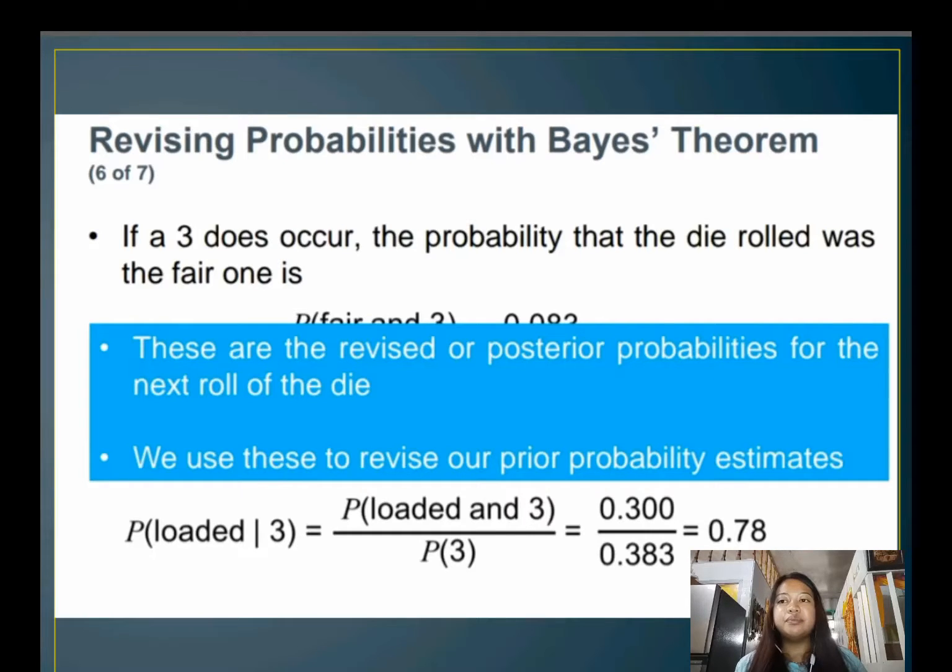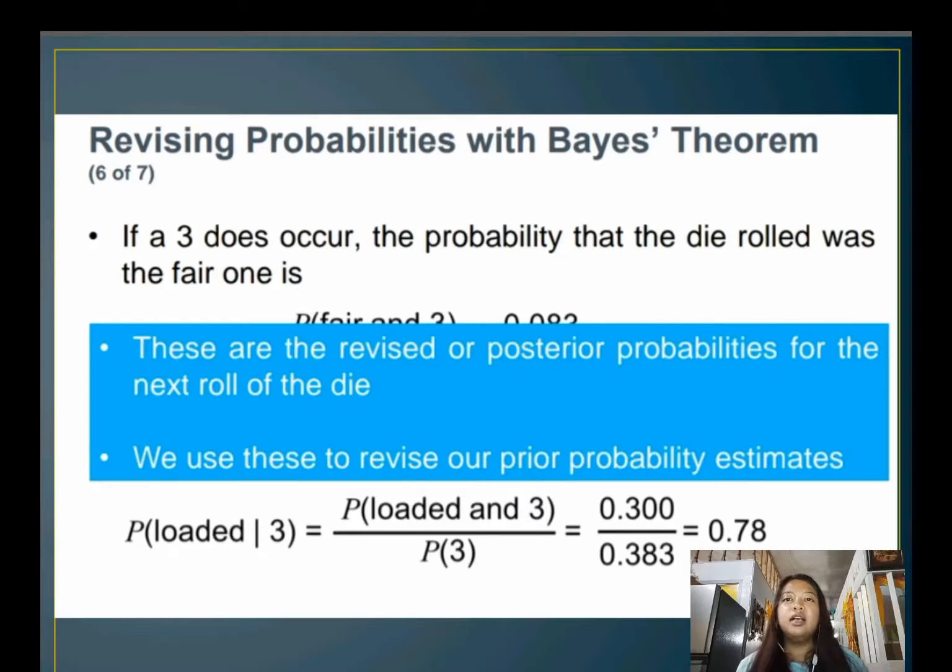And these are the revised or posterior probabilities for the next roll of the die. We use this to revise our prior probability estimates. So the prior probability estimate is the fair one.